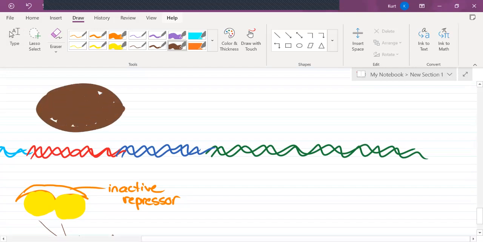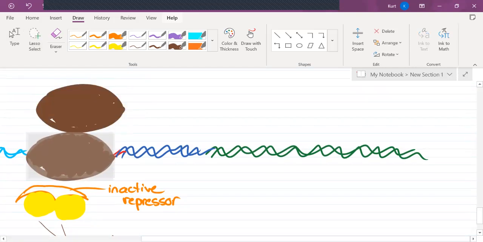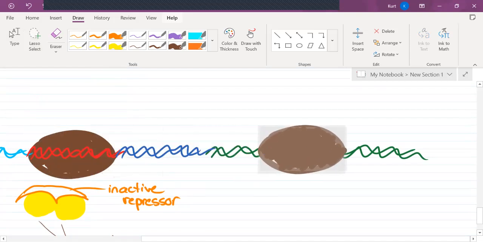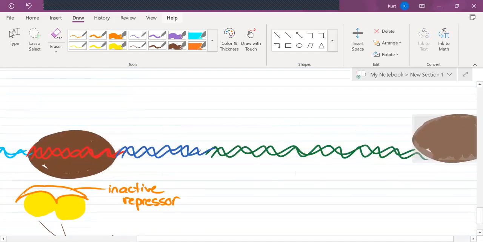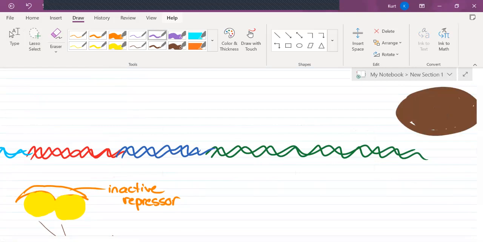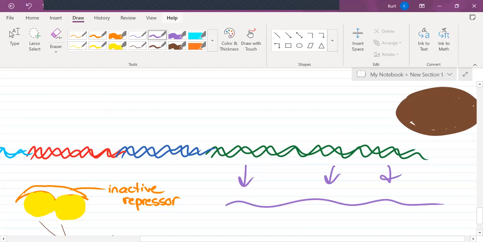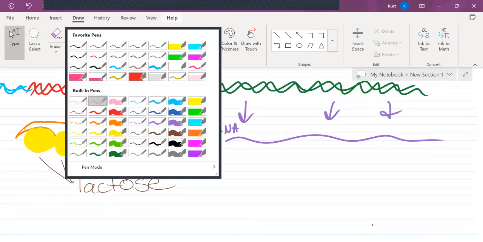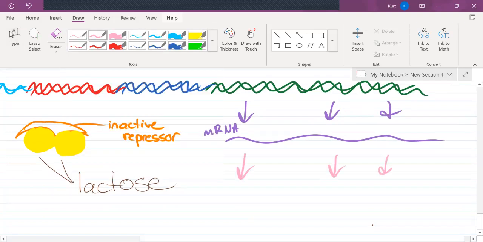Now that the operon is turned on, can RNA polymerase transcribe? Yes. So check it out. Watch. This brown blob is RNA polymerase. It's going to jump onto the promoter. It's going to scan the structural genes like so. And from that, you're going to be able to make mRNA. That's transcription. And then from the mRNA, you are going to be able to make proteins.